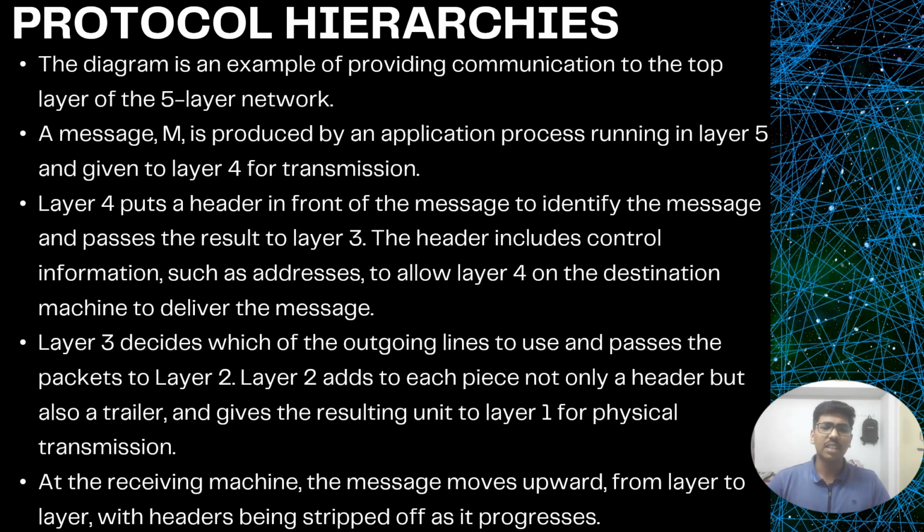Layer 3 decides which of the outgoing lines to use and passes packets to layer 2. Layer 2 adds not only a header but also a trailer and gives the resulting unit to layer 1 for physical transmission. At the receiving machine, the message moves upward from layer to layer with headers being stripped off as it progresses.